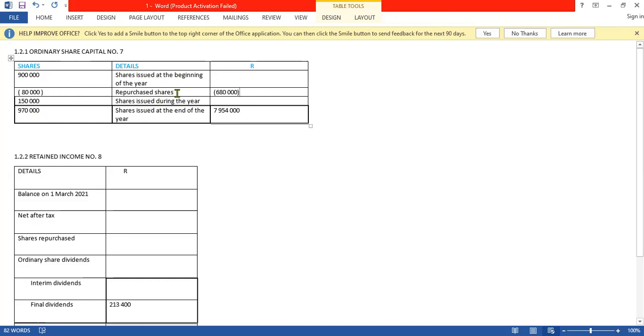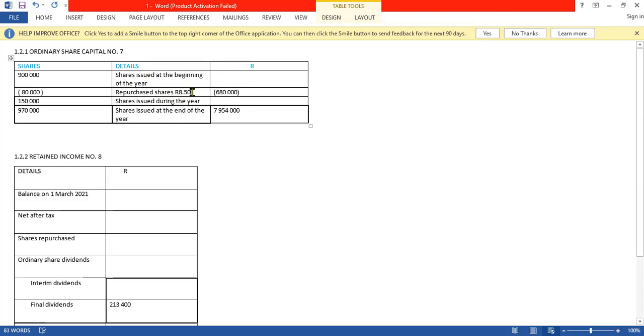So right now that we have our average share price, which is 8 rand 50 per share, this price we are going to use to calculate the shares issued at the beginning. Because if you were not given the information regarding this, you are going to use your shares issued at the beginning to find the average share price.